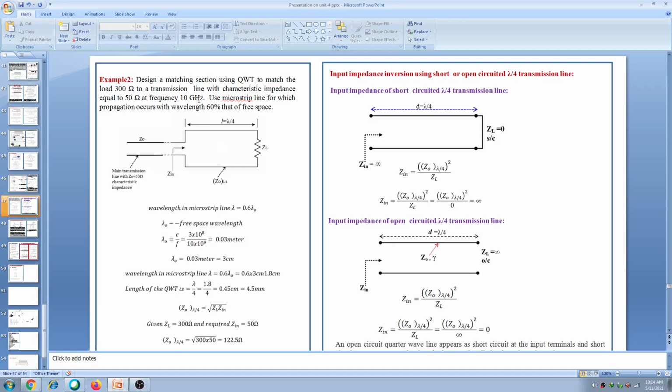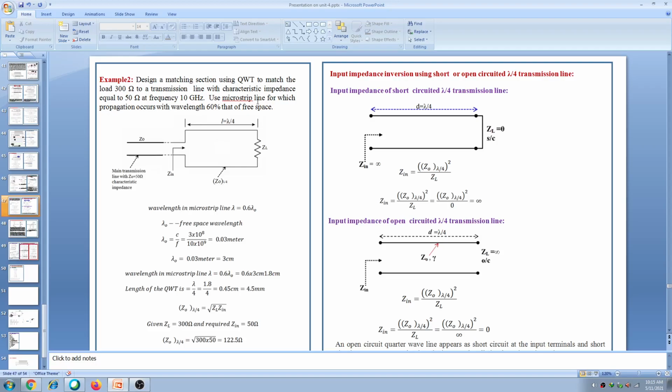They are given here. We should match the load 300 ohm to a transmission line with a characteristic impedance equal to 50 ohm at 10 gigahertz, and use a microstrip line.